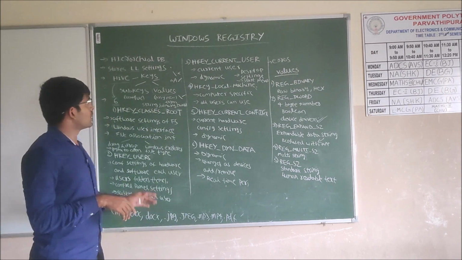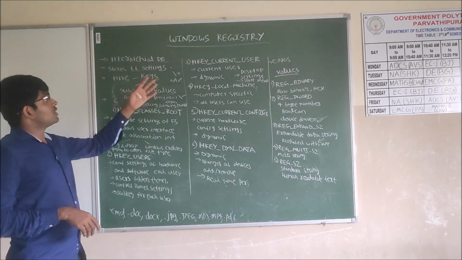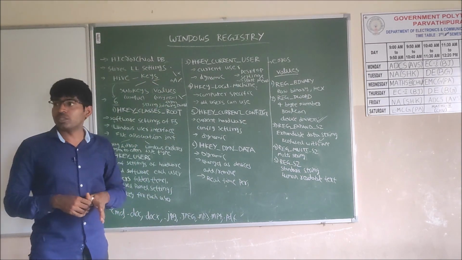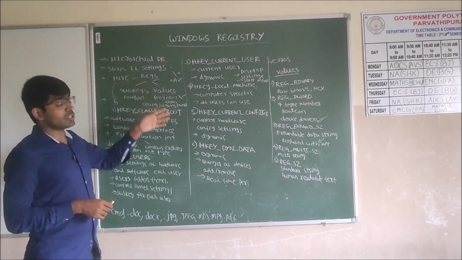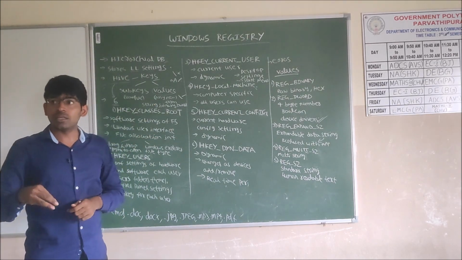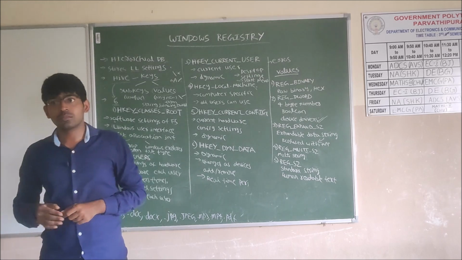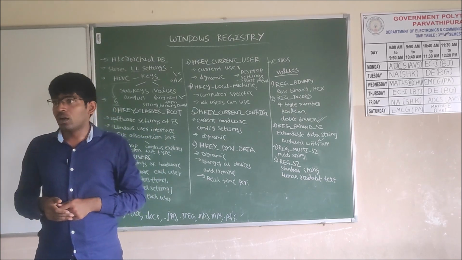Now the point is, what are these values? For what purpose are we storing these values? We are storing the low level settings of the operating system. What are the settings?